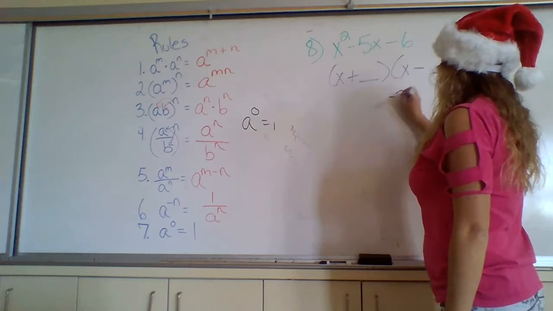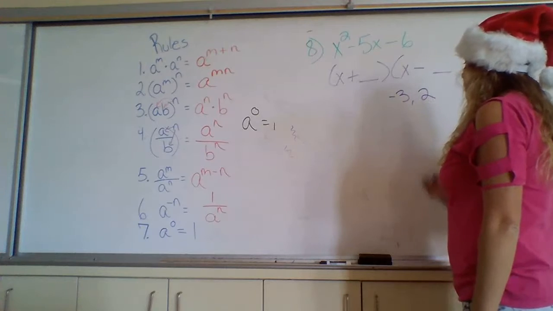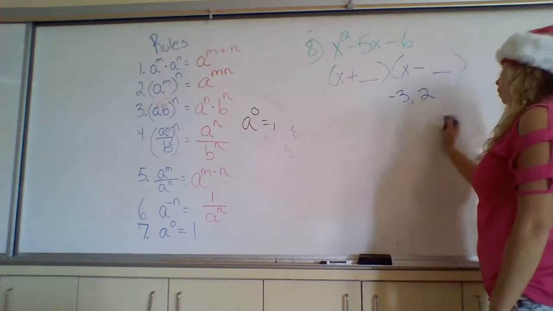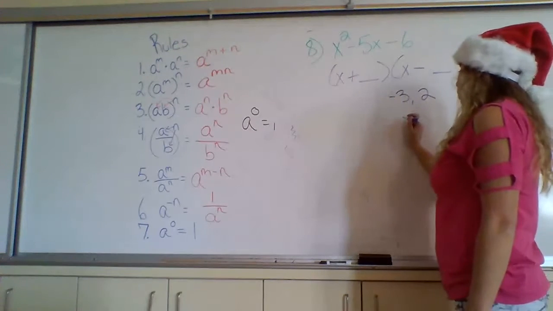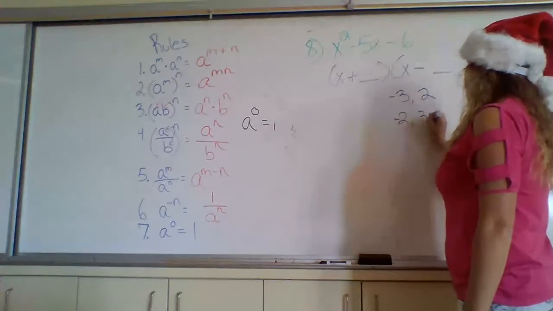Well, I have -3 and 2. Do those add up to -5? -3 plus 2 is -1. No. What about -2 and +3?